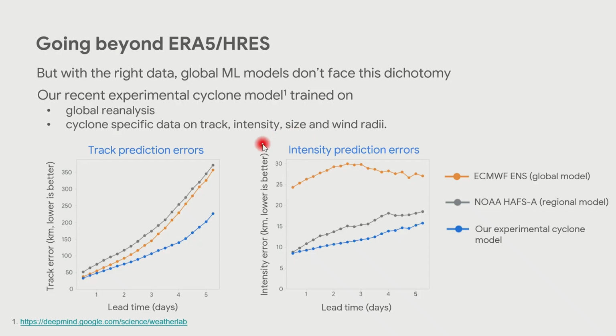And you do indeed see that orange is better than gray in the track prediction. Orange is worse than gray in intensity prediction. But the obvious takeaway is that our new model, which is trained on both of these data sets at the same time, is significantly better on tracks, but also gives state-of-the-art intensity predictions.